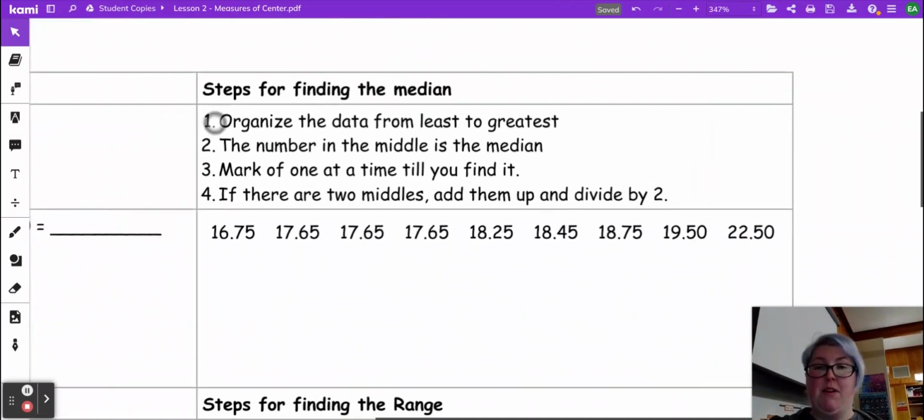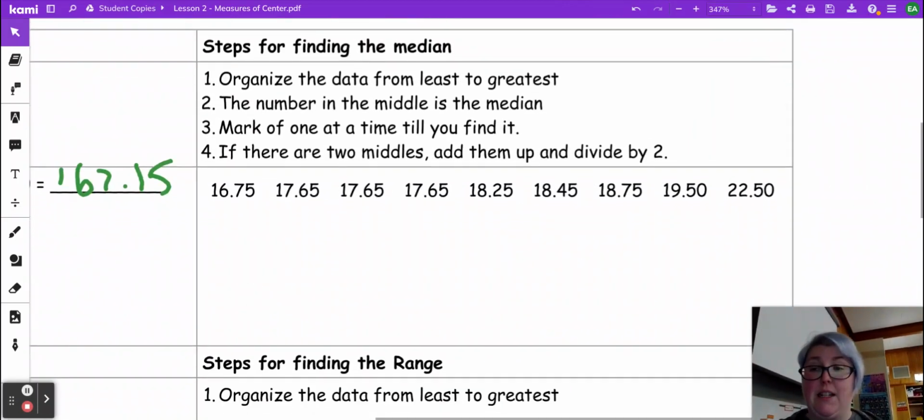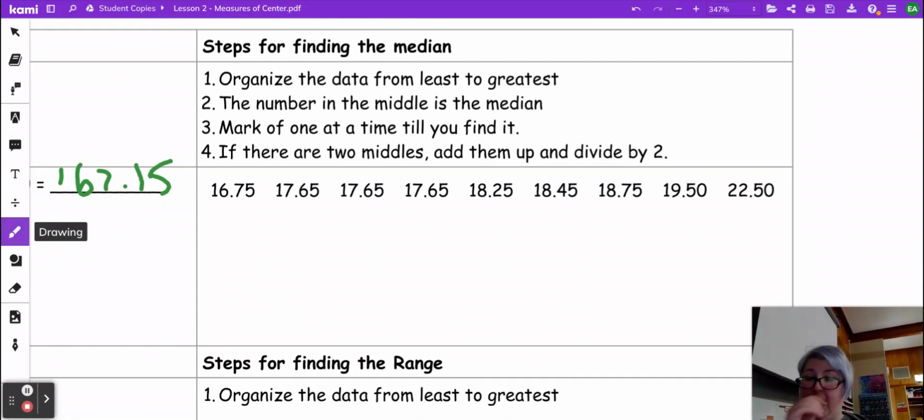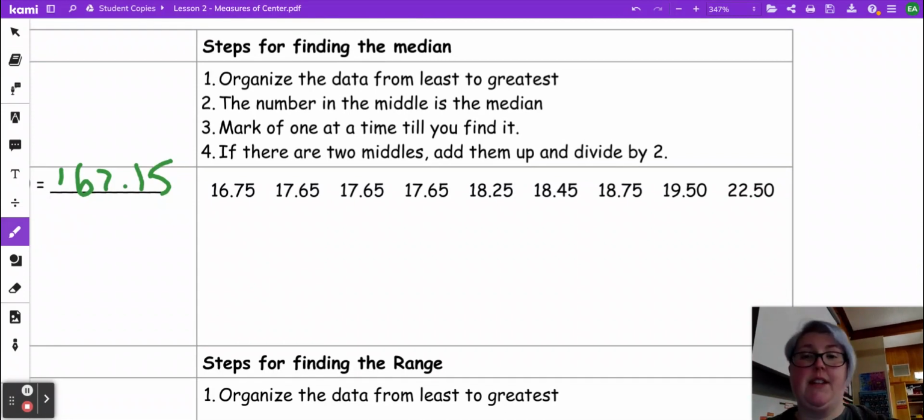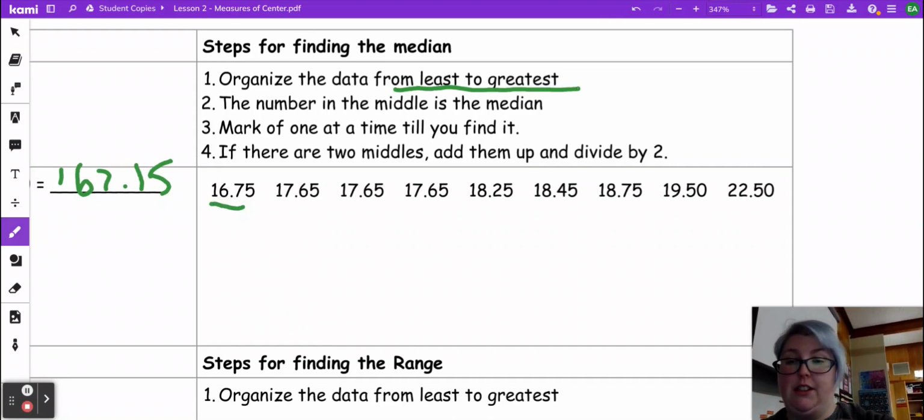Now let's find the median, the middle point. Remember, this is different from our mean, because step number 1 is to order the data from least to greatest. The least on the left is $16.75, and the greatest is $22.50.